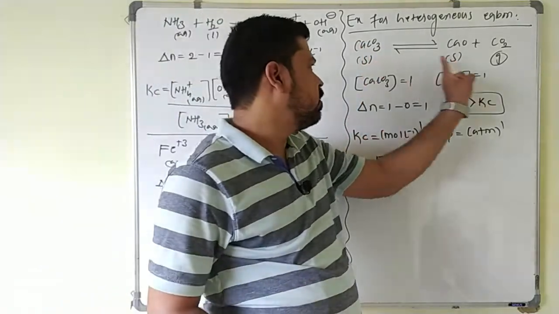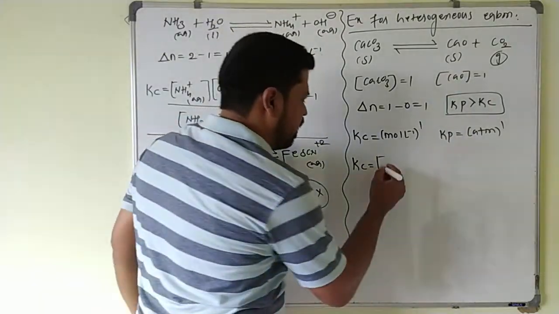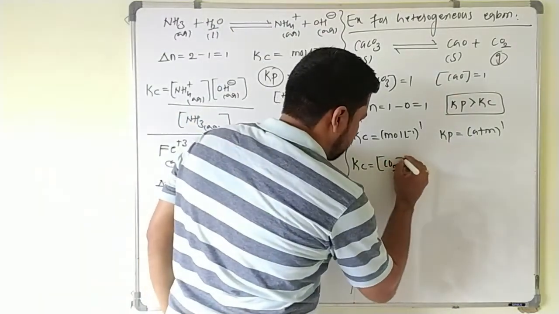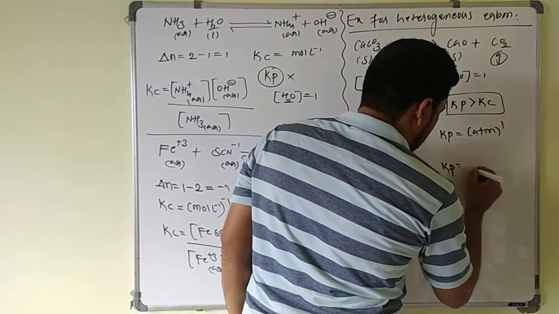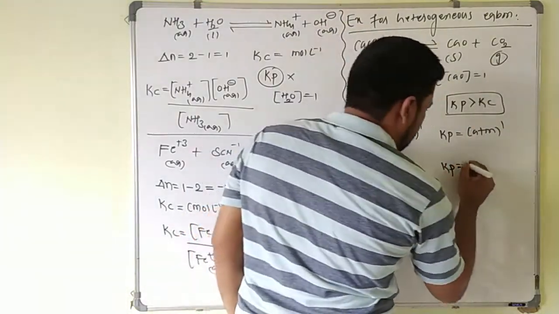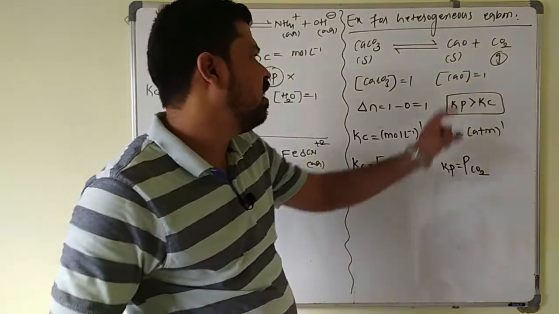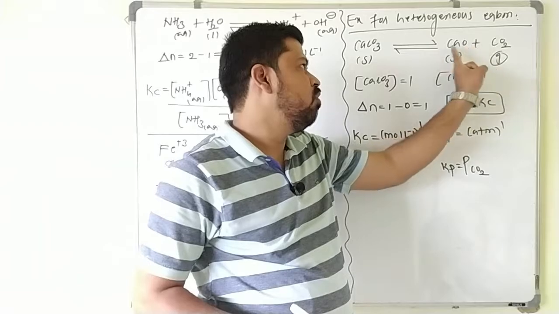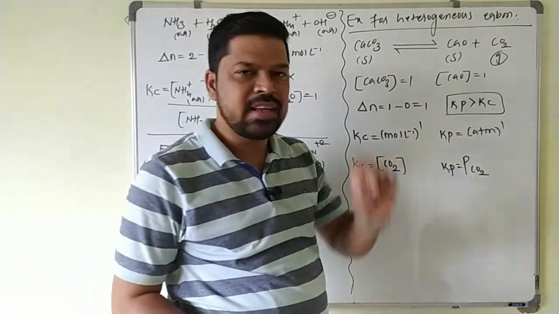Since these two are in the pure solid form, activity is taken as 1, so only the molar concentration of CO2 remains, Kc equal to that. And Kp will be equal to the partial pressure of CO2 gas here, and you cannot take the partial pressure of CaO because this is in the solid form and this also solid form. These two are excluded.